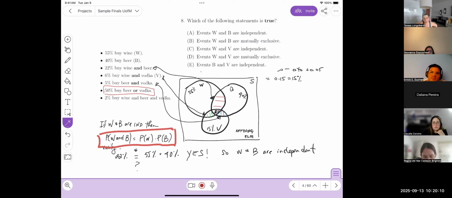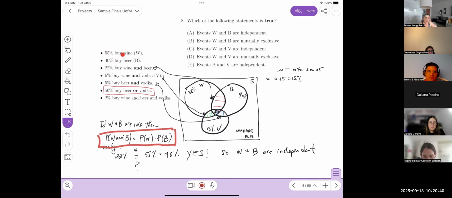What it means is that we have observed over a long period of time, and it turns out that on average, out of the people that go into the liquor mart, 55% buy wine. So if 100,000 people go in, 55% of them buy wine. It has to be a large sample because you can't just say two people go in and one of them buys wine. They observe over a long period of time to see patterns.